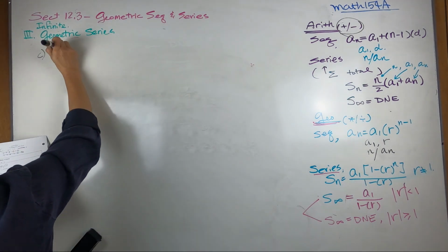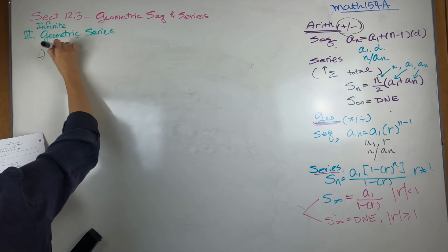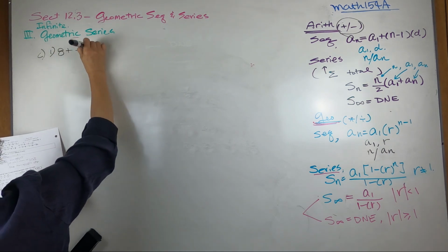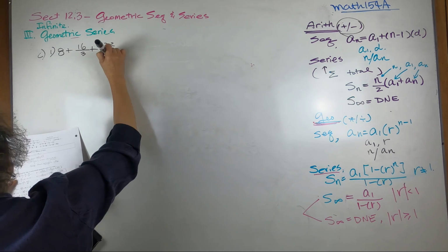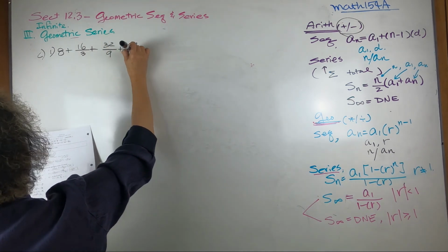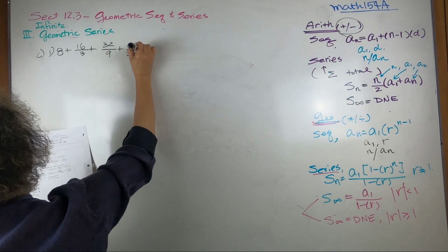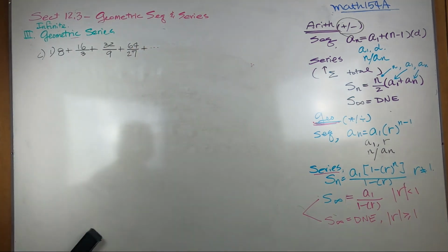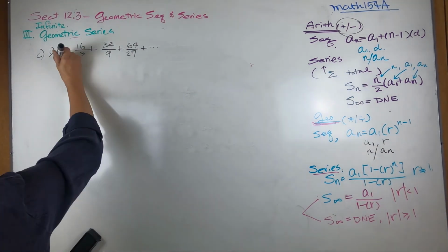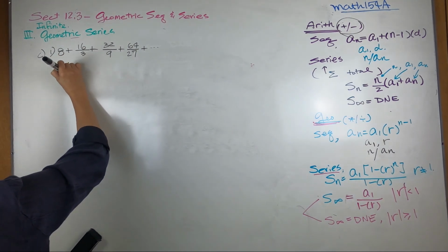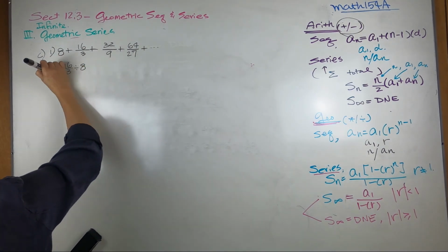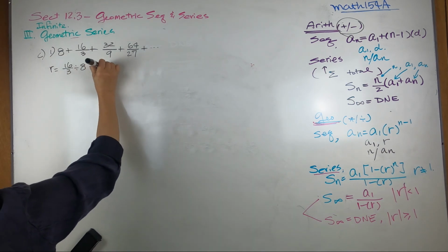So if we have this one, when you have fractions with different denominators, most likely you have geometric sequences. But you have to check though, do you have geometric sequences and series? So you do 16/3 divided by 8, r equals what? 2/3.